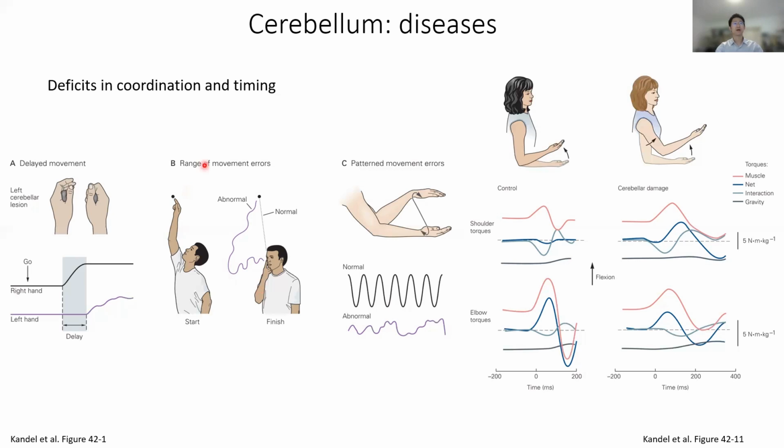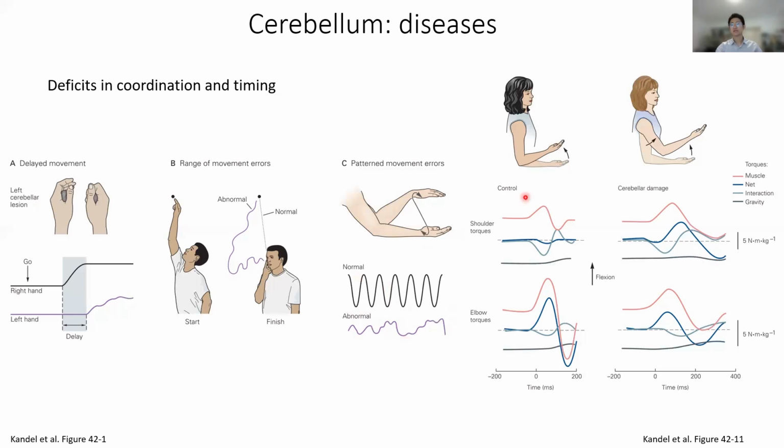But cerebellum patients can still reach the nose, but the trajectory becomes very complex, and there is also some kind of oscillation. They have some problem in generating coordinated behavior. Also, when we ask the patients to do rhythmic movement, like flipping your hand, normal subjects do this periodic movement, but cerebellar patients are not able to generate this rhythmic movement.